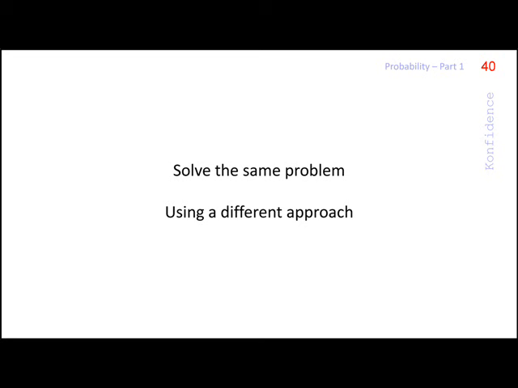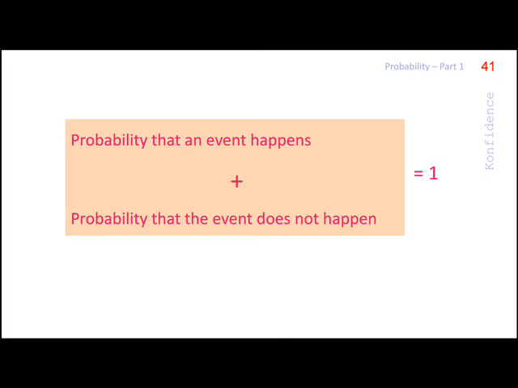Question 3 can be solved using a different approach by making use of the complement rule in probability. It is easy to understand. Take any event. The probability that the event happens plus probability that the event does not happen will be equal to 1. This is because it is sure that the event will either happen or it will not.